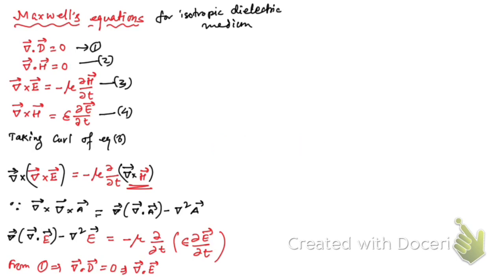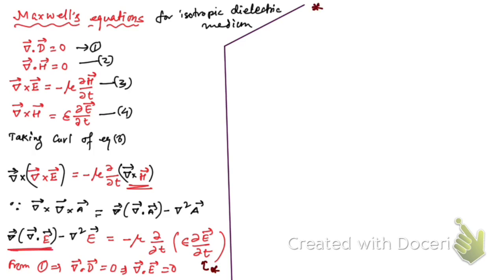If that is the case, then let me write this one here. Okay, now you see, next step, this part is going to be equal to 0 as del dot E is equal to 0.